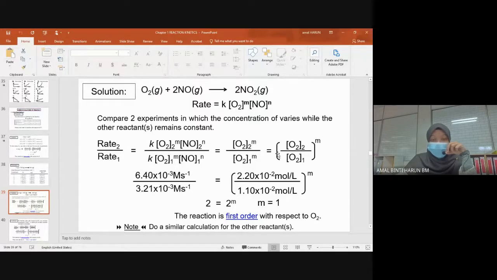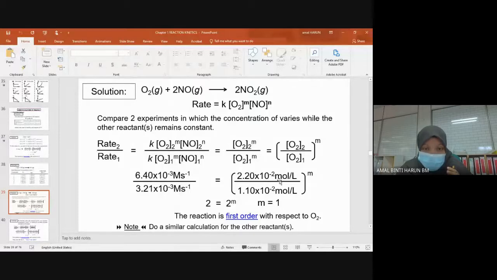Now we equate this to the respective initial rates. This is the rate of experiment 2 divided by the rate of experiment 1.